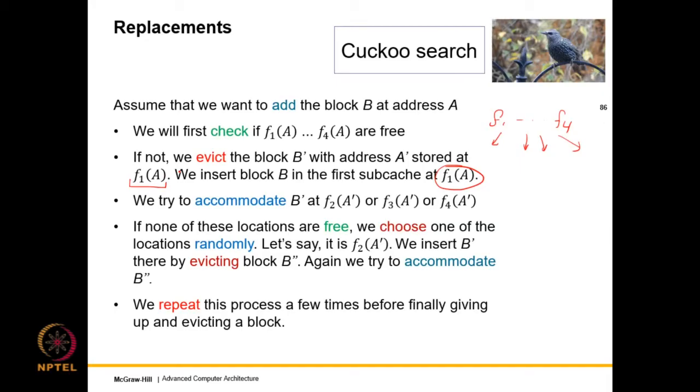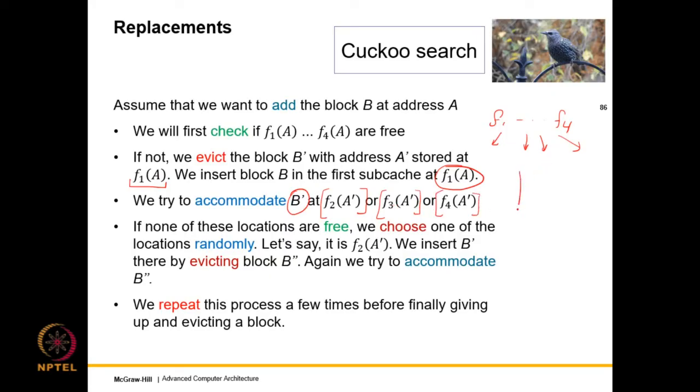Had we not used this, pretty much all four would have been the same set, so there would have been conflict misses for B' in the other subcaches as well. But because we use different mapping functions, we can try to accommodate B' at these locations. Recall that the address of block B' is A'. So we can try to accommodate it at F2(A'), F3(A') or F4(A').